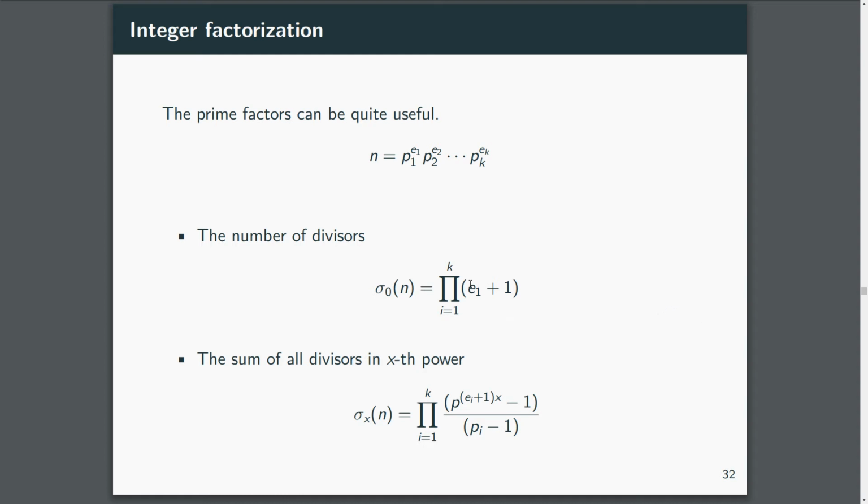Yeah, so here, if you consider how many ways you can pick out prime factors in the number, you can take 0 up to ei of each exponent. You can pick the prime 0 to ei many times.